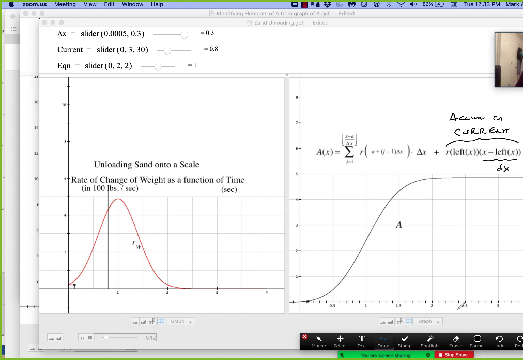So the vertical axis is going to be weight, in 100 pounds. So the Y values represent, this 3 represents what? 300 pounds of weight accumulated, right, on the scale. Okay, keep going. And then the horizontal axis would be time, time in seconds. All right.